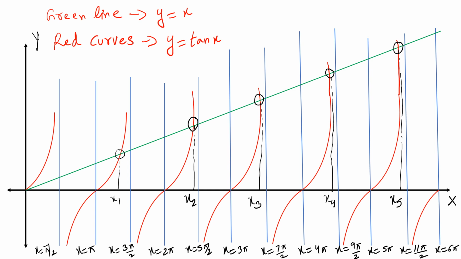Whereas in the right neighborhood of x1, x3 and x5, since tan x is greater than x, which means tan x minus x is positive, the sign of f dash x changes to negative. So there is a transition from positive to negative sign in the neighborhood of x1, x3 and x5. So clearly they represent the points of local maxima.